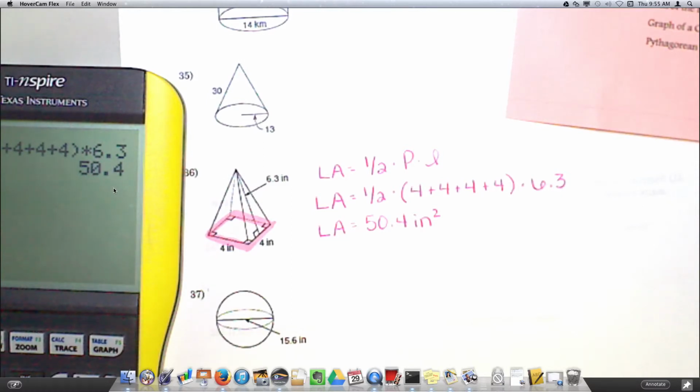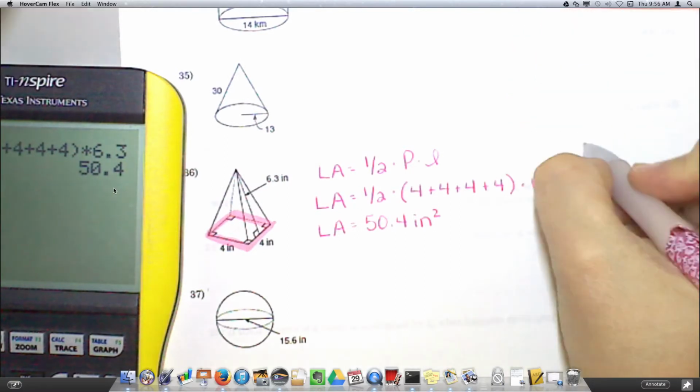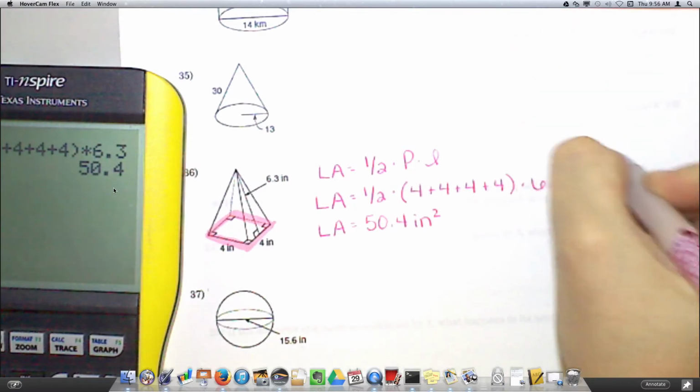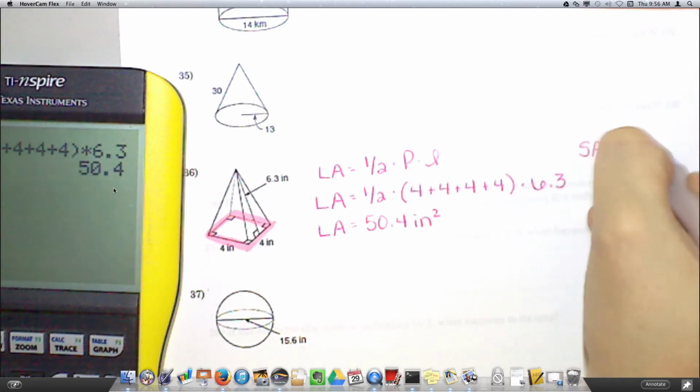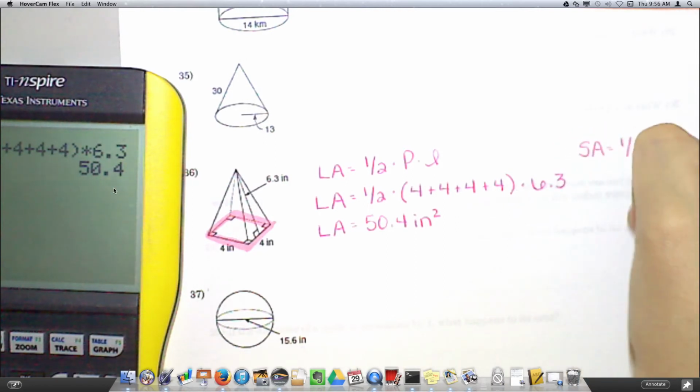Somebody tell me what to do now to get surface area from here. Luke. You have to do 1/2 times perimeter times slant height plus base.